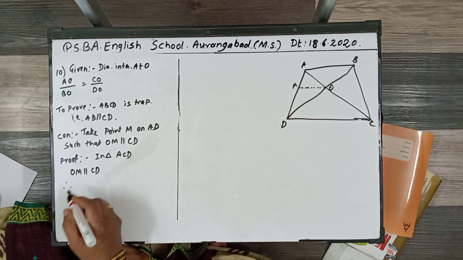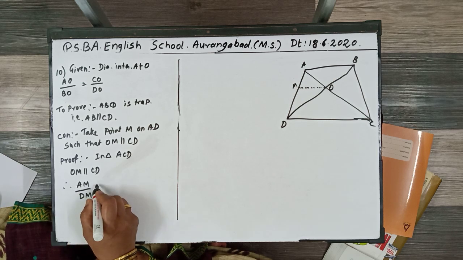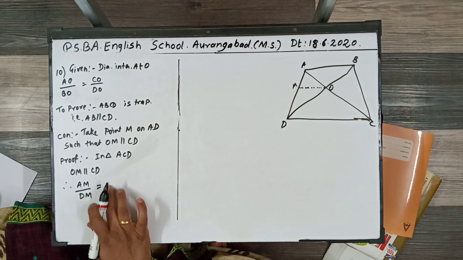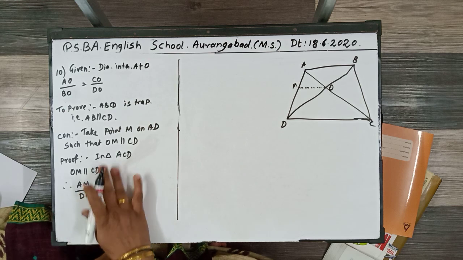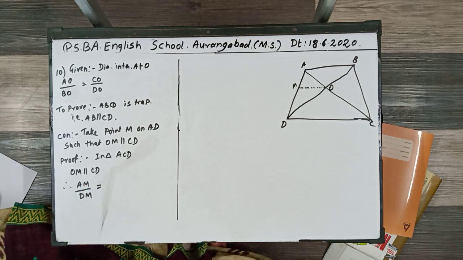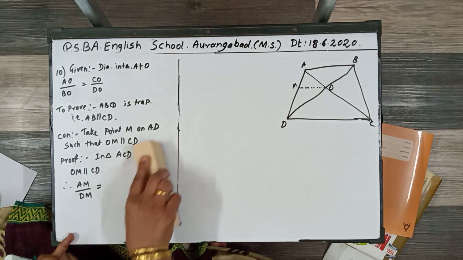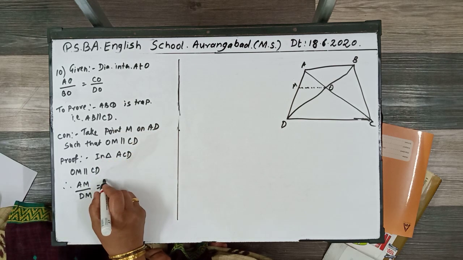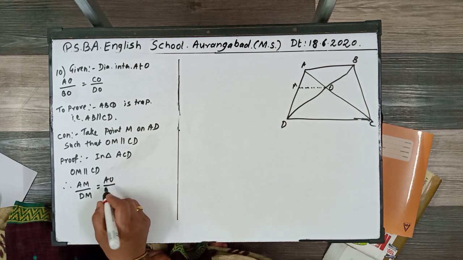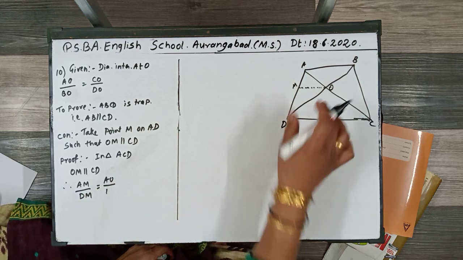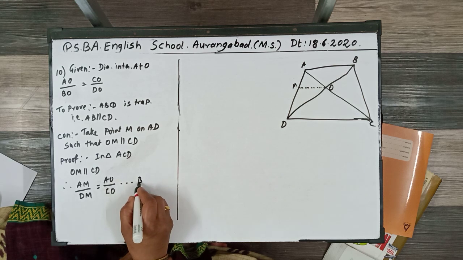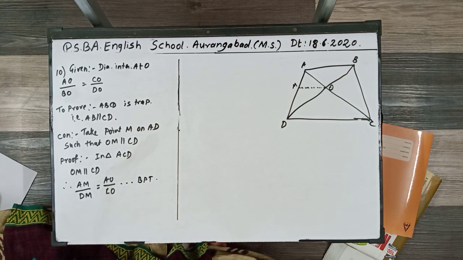Therefore we have AM upon DM is equal to AO upon CO. BPT. Correct?